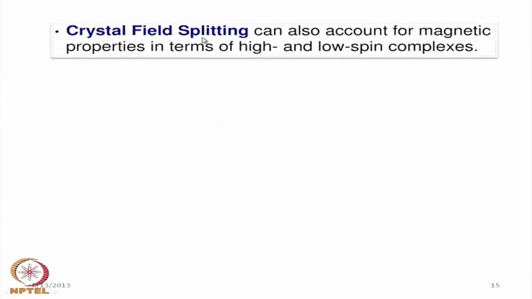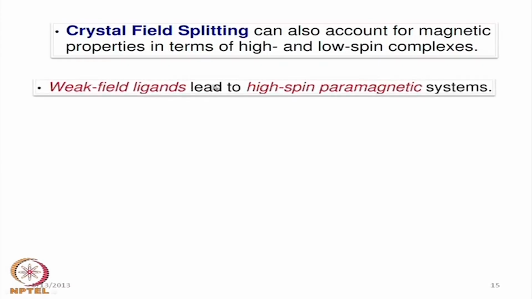So we can have the delta, and this delta gives us the corresponding crystal field splitting, and it can account for magnetic properties in terms of high and low spin complexes. So these high spin and low spin complexes we can have depending upon the nature of the ligand and depending upon the amount of splitting. So weak field ligands lead to high spin paramagnetic systems.